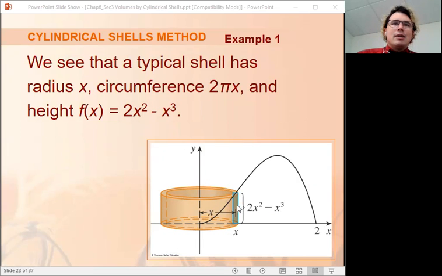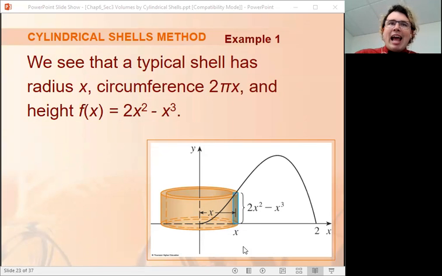Now, for coordinate x, I'm going to build this cylinder. The cylinder has height equal to 2x squared minus x cubed. The width of my cylinder, as always, is delta x, and the radius of my cylinder, I need the radius to get my circumference, is going to be x. I'm rotating around the y-axis.